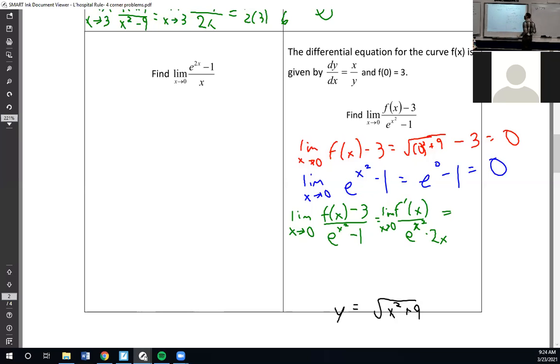Oh, it's the dy dx up here. That was our derivative. So it was x over y, over, sorry, e to the x squared times 2x.